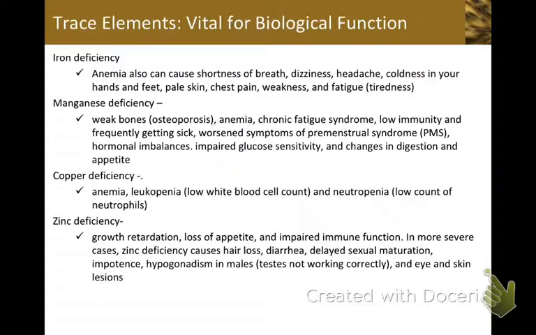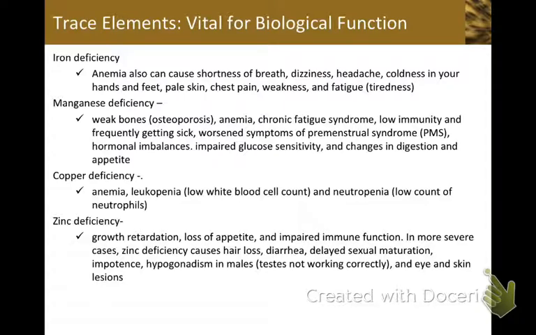Magnesium deficiencies can cause things such as osteoporosis and chronic fatigue syndrome, and can make you get sick frequently. Copper deficiencies can reduce white blood cell count, specifically neutrophils, and can cause anemia.